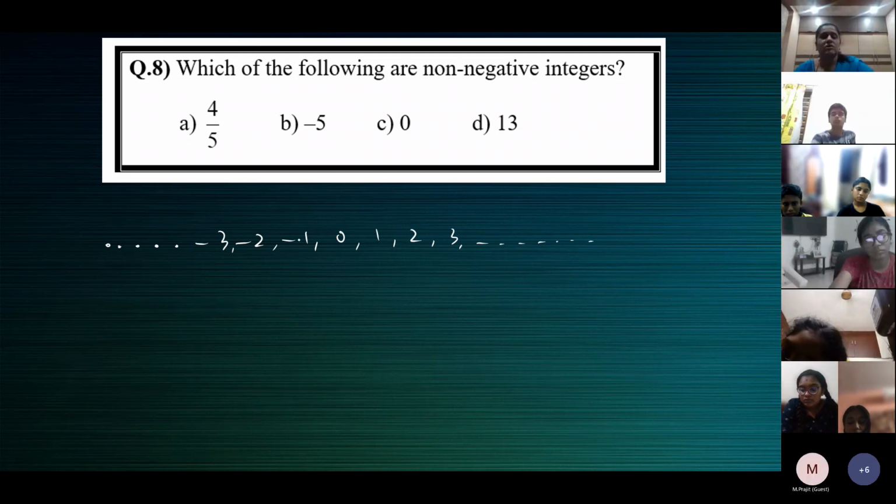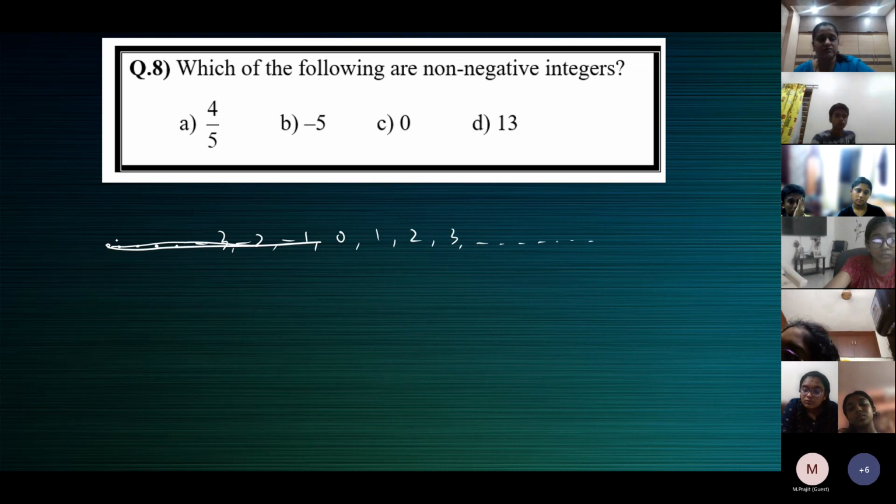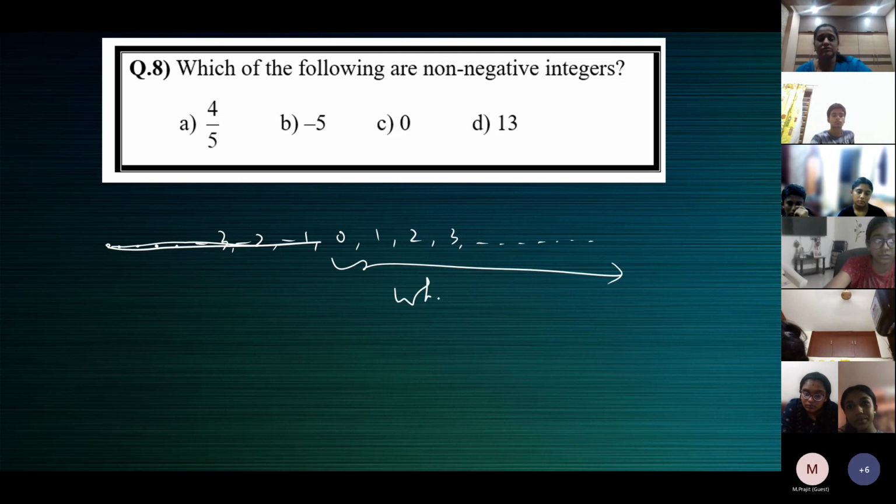So non-negative means they should not be negative. Let me remove all the negative integers. These are all negative. So all these are non-negative integers. So what are they? Whole numbers.